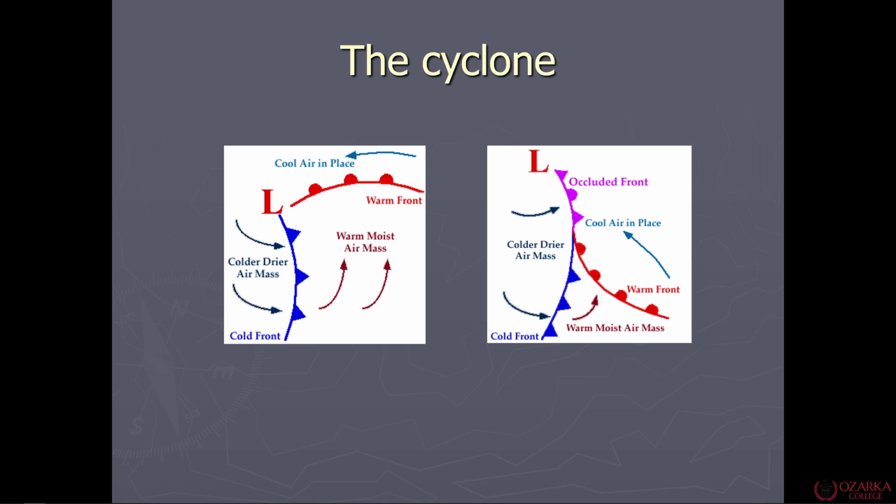Now, on the right-hand depiction, you see that the low is there, but now those fronts have occluded. Now you've got a cold air mass, you've got a warm front out ahead of the cold front, and now you've got a small convergence area in between the cold and the warm air. Now, nine times out of ten, when you see this setup right here, you're going to have some very nasty, very violent thunderstorms, okay?